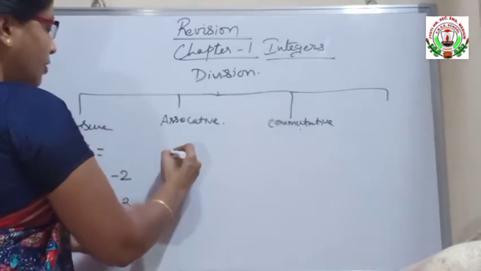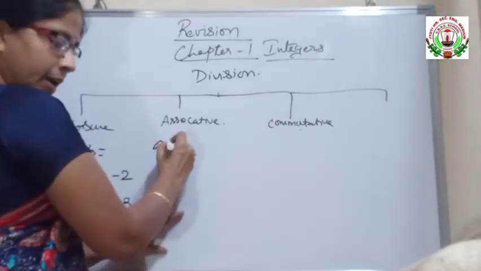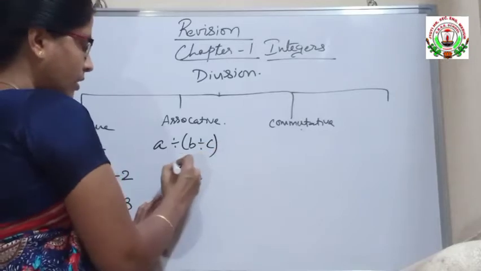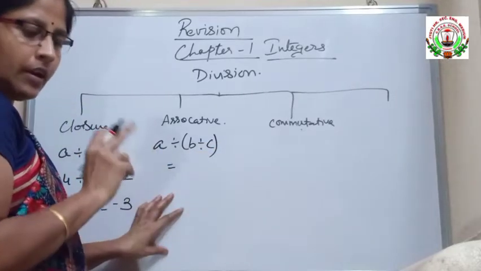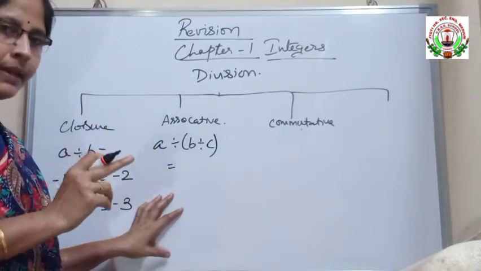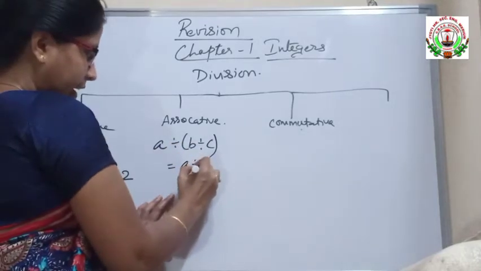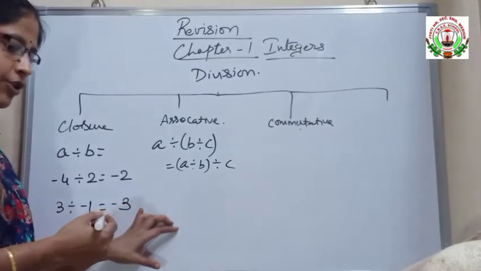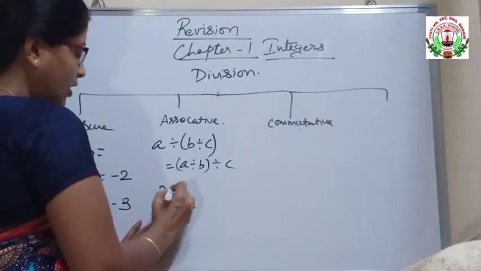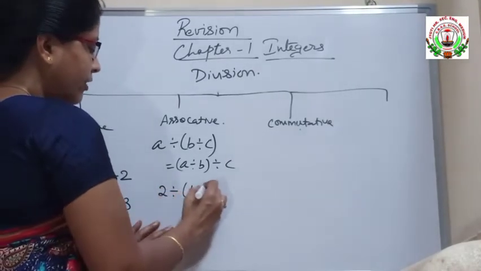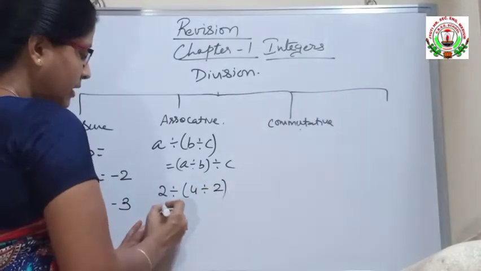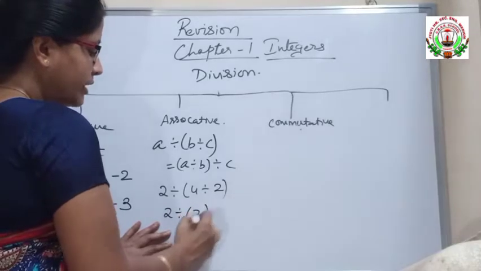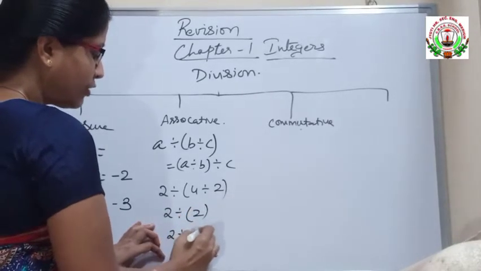Next coming the associative property. A divided by B divided by C. For example, 2 divided by 4 divided by 2. See here, 4 divided by 2 is 2, so 2 divided by 2 is 1.